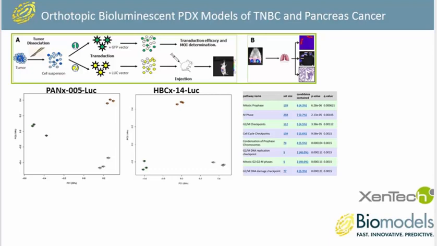We've characterized these with principal component analysis, and we know what the difference is in terms of putting the luciferase cassette in, and the differences are not that great. It's similar to the differences between orthotopic and ectopic sites in terms of gene expression, and we have the data showing which genes are affected.